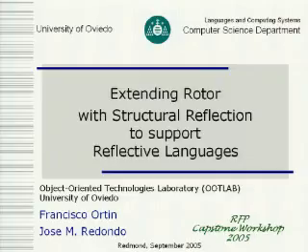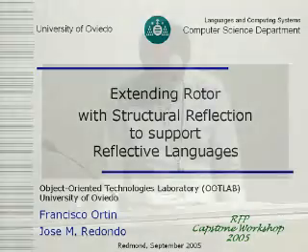Adding structural reflective primitives to Rotor in order to give direct support to the primitives, semantics, or statements of dynamic languages. Dynamic modification of a program's structure and behavior at runtime is an interesting and useful idea to develop adaptable and adaptive systems.